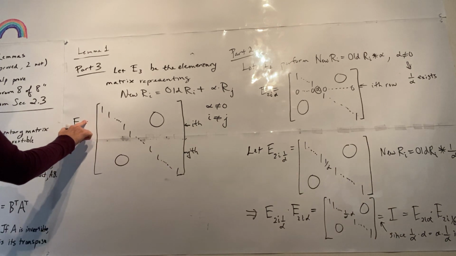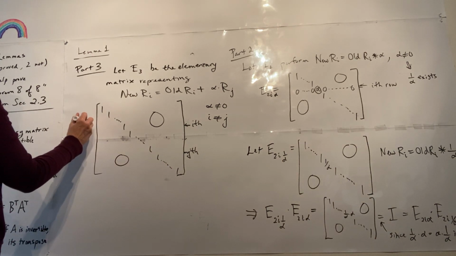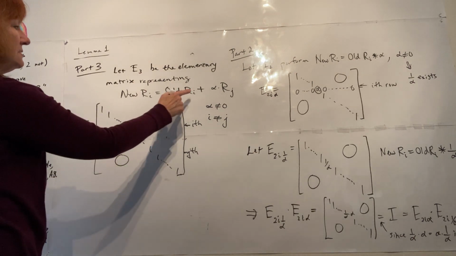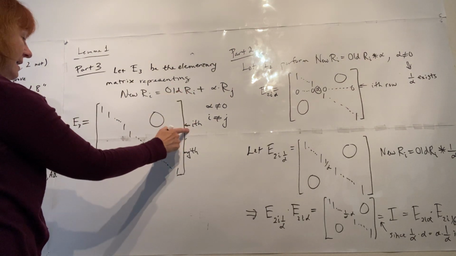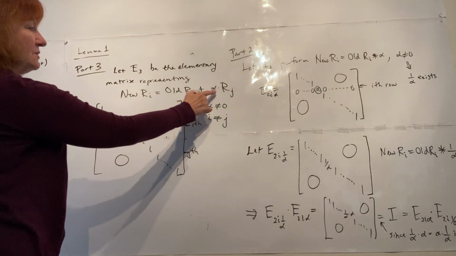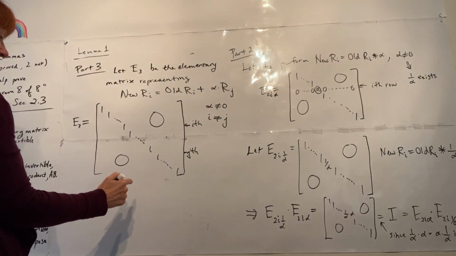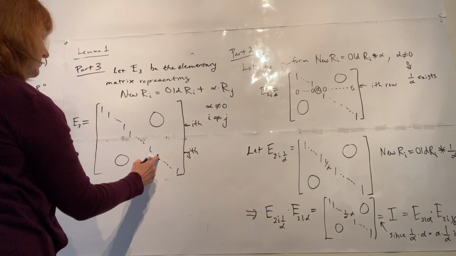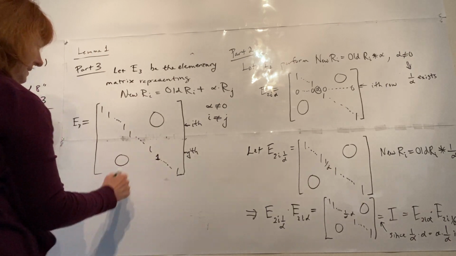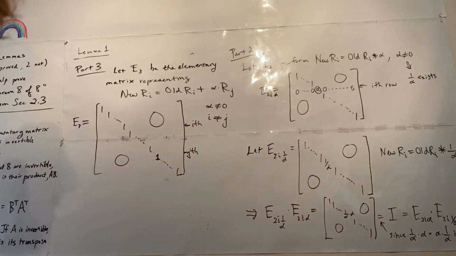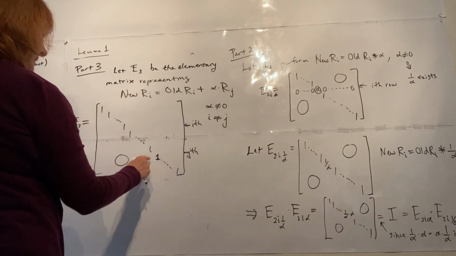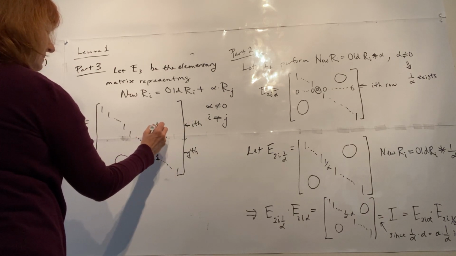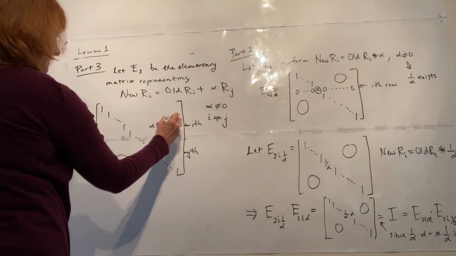That's not yet E3, okay? But to make it E3, we're not switching rows I and J. We're going to make a new row I by adding to it alpha times row J. So if this is the JJ entry right here, I multiply that by alpha and add it to row I, I'm going to have alpha times that 1 up here, and a bunch of 0s elsewhere.